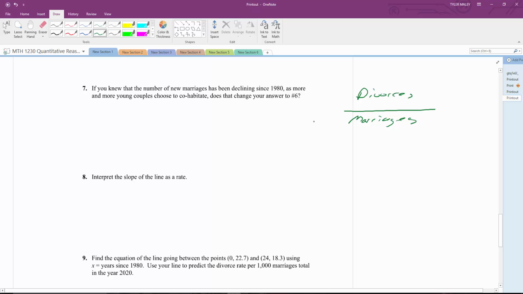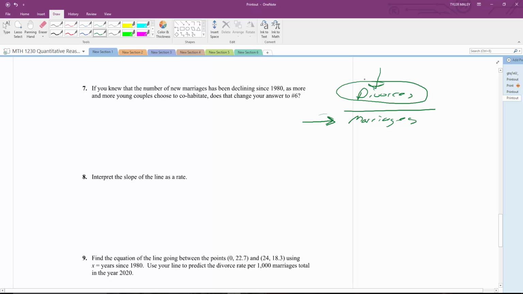So if we have fewer marriages here, then the rate should go up, right? But that's if this is being fixed. If this number isn't fixed, then my rate could still go down, right? So just because my number of marriages goes down, maybe the number of divorces also goes down, which could result in a lower divorce rate, right?